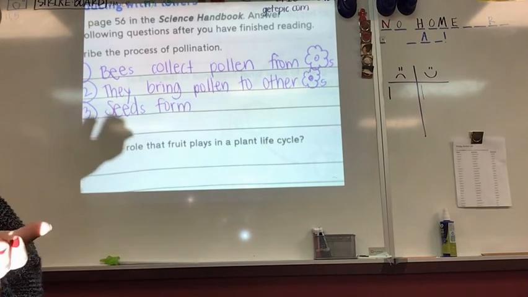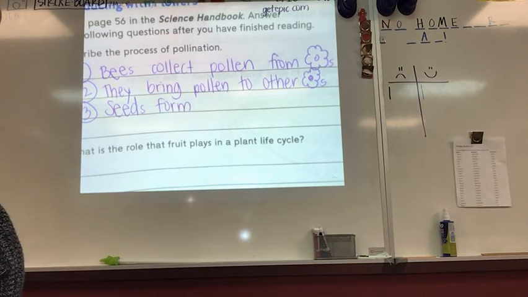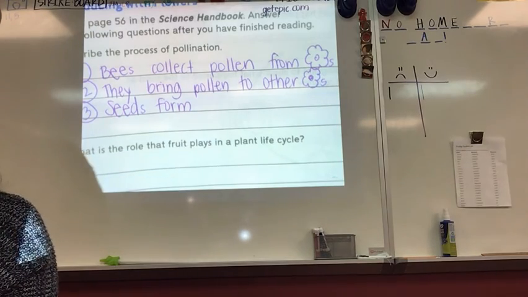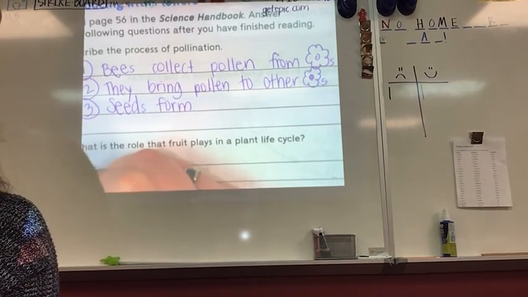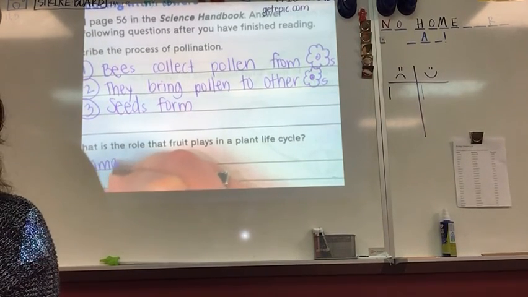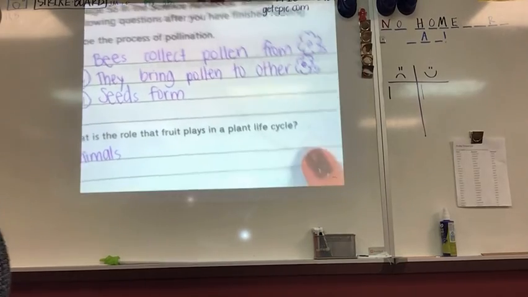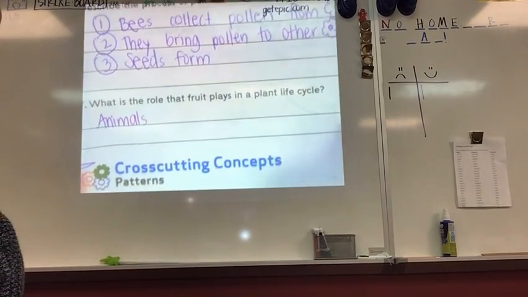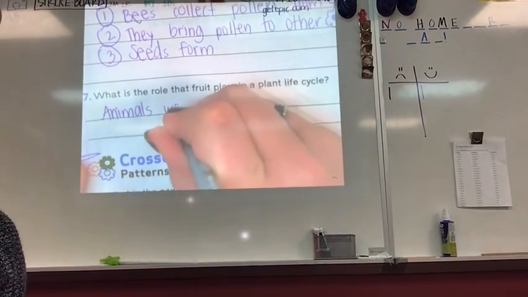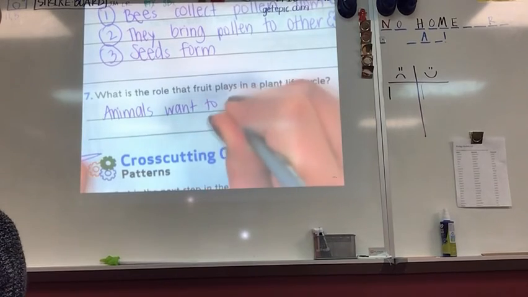Do you think that the animals would want to eat it if the fruit wasn't there? Probably not these ones. So maybe one thing is animals want to eat the fruit.